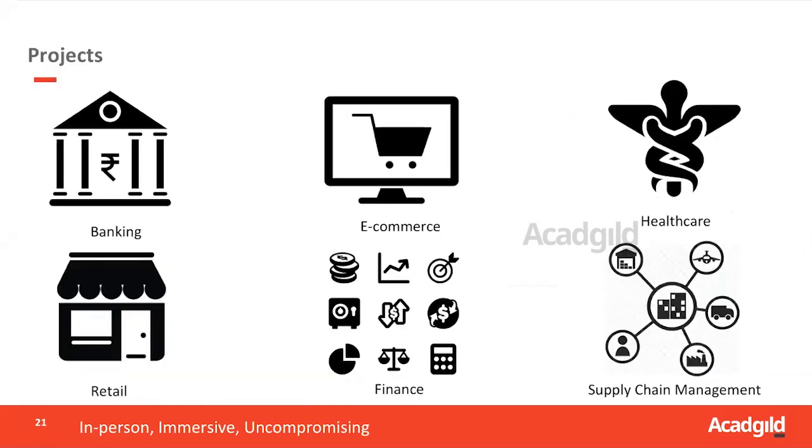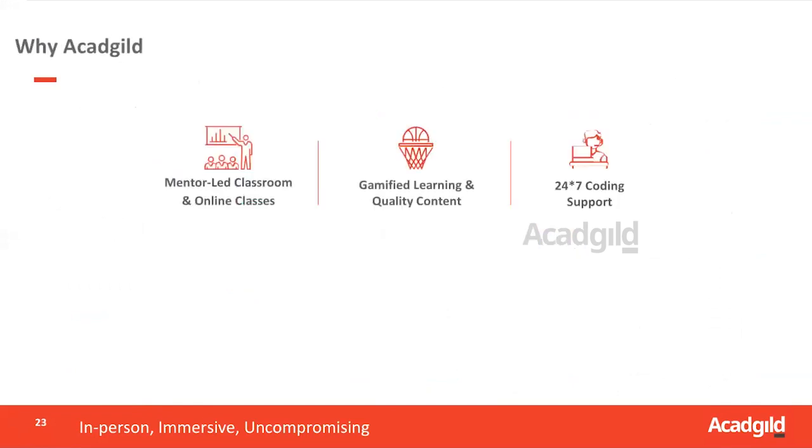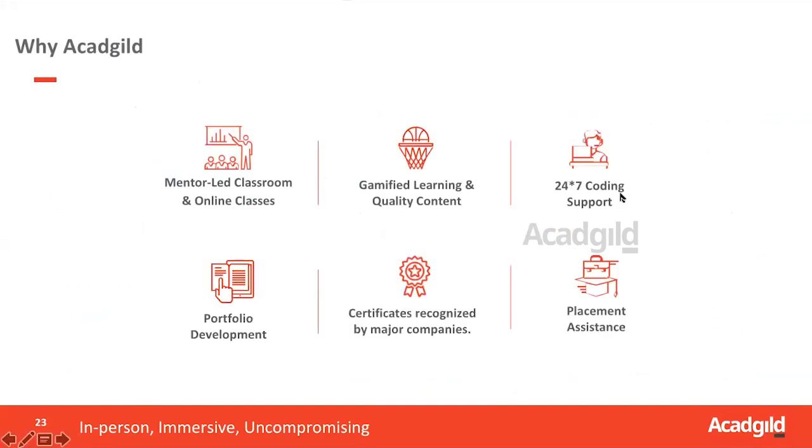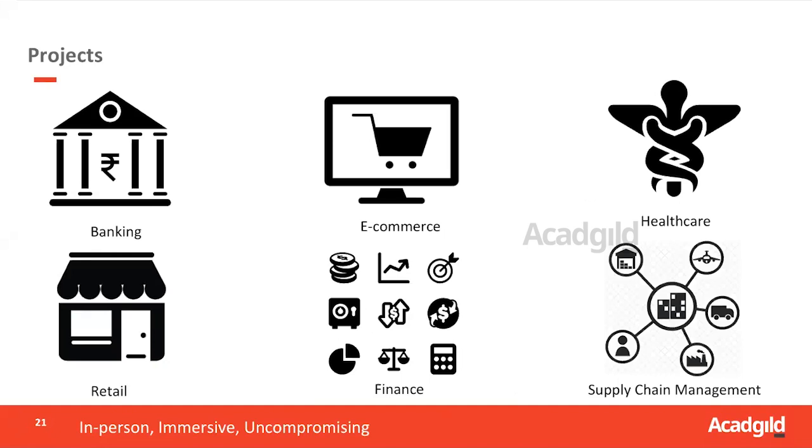The projects involve various domains. It includes supply chain management, healthcare, e-commerce, finance, banking, and retail. Here, which tool is used for ML? Sure, I'll look at the functional knowledge. It is important. We look at banking. Banking is not a small thing.